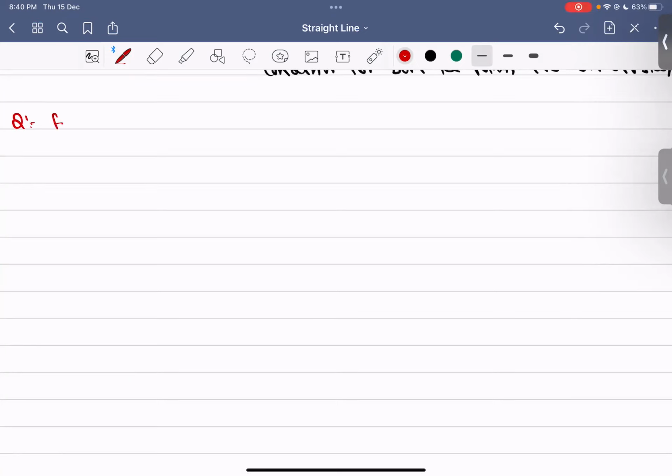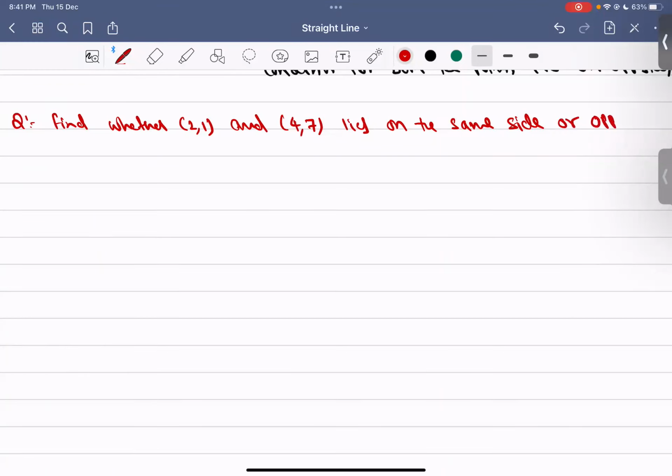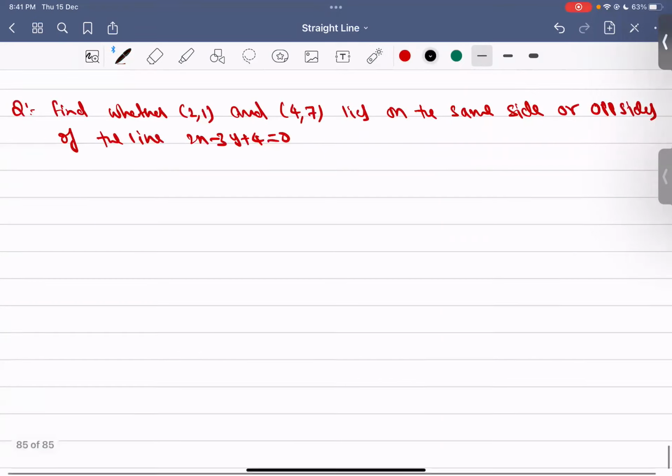Find whether (2, 1) and (4, 7) lie on the same side or opposite sides of the line 2x minus 3y plus 4 equals 0.